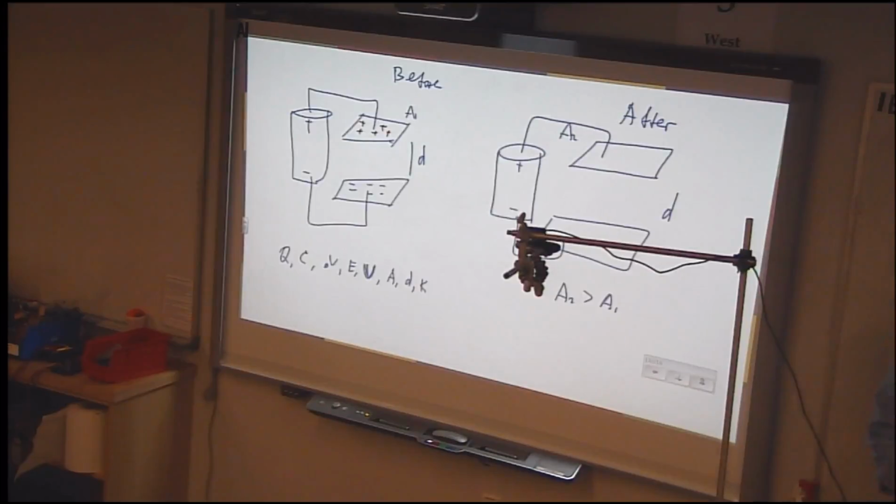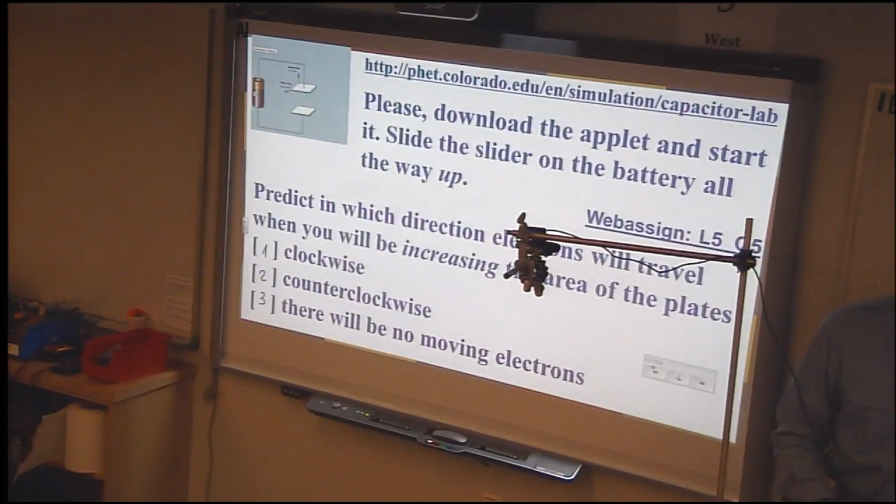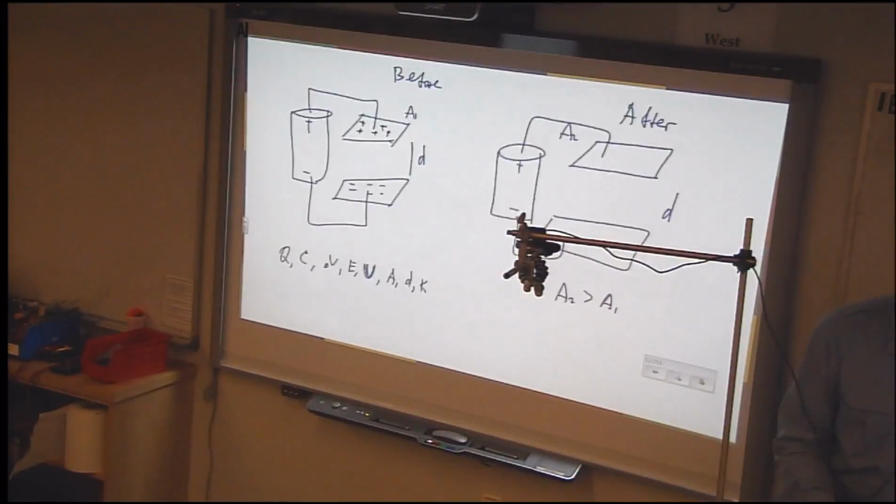You see how many different variables are involved in this situation in general. But in this thought experiment, the only change happening is the area. How does it affect?